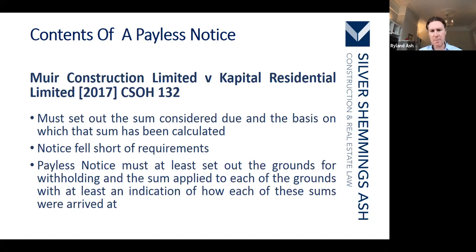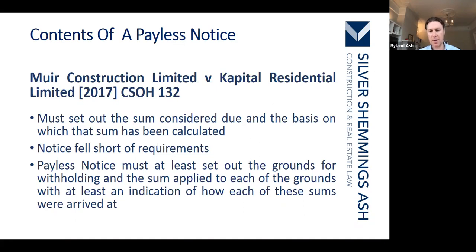So you must set out the sum considered due and the basis on which it's calculated. That's the key thing. And in this case, the notice fell short of those requirements. The Payless notice must set out the grounds for withholding, which is again important, because sometimes you just see Payless notices with amounts in them. They don't explain why or on what grounds certain amounts have been deducted.